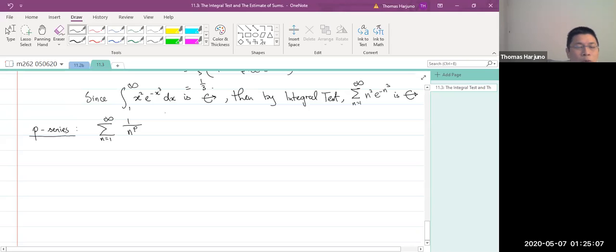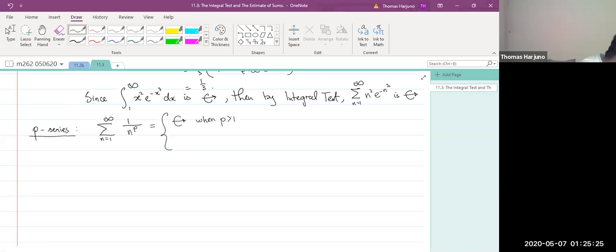Now, I want to say that this series is convergent when p is strictly greater than 1 and divergent when p is less than or equal to 1.